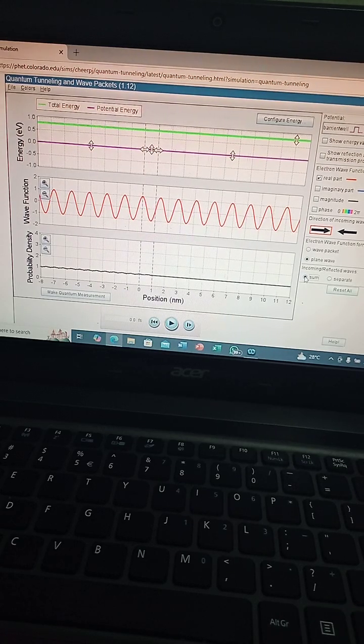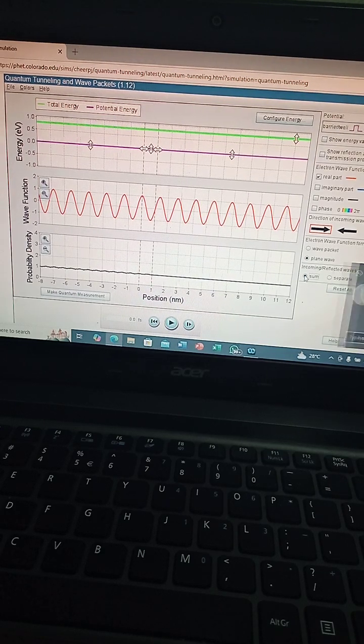All right. To begin the process of simulating a free particle moving across a potential barrier, we are going to start with the energy of the potential barrier at 0 electron volt, and then consider only the real part of the wave function, which is this.